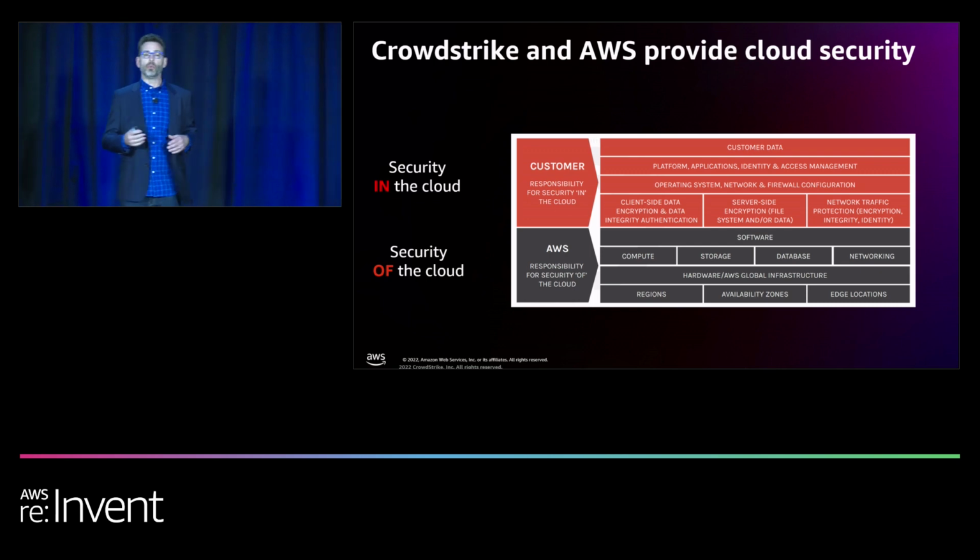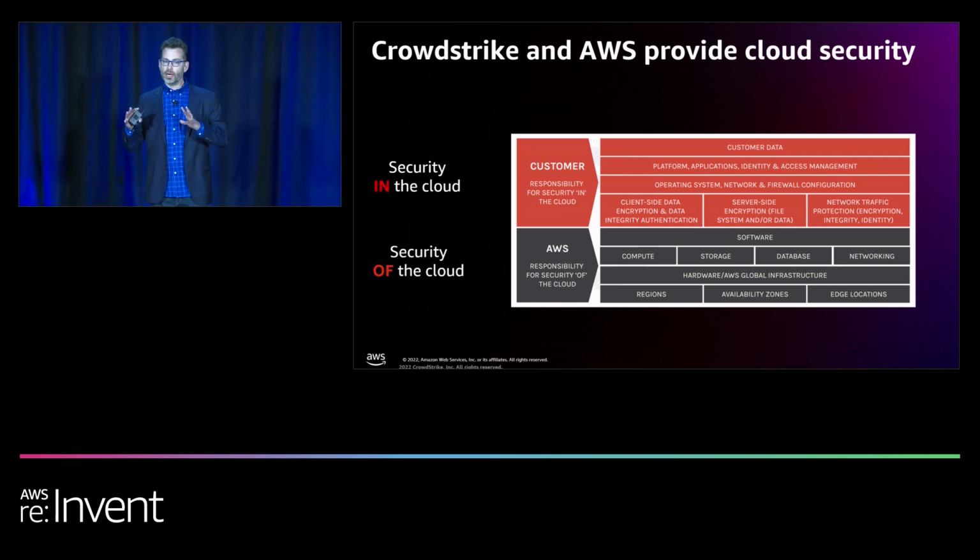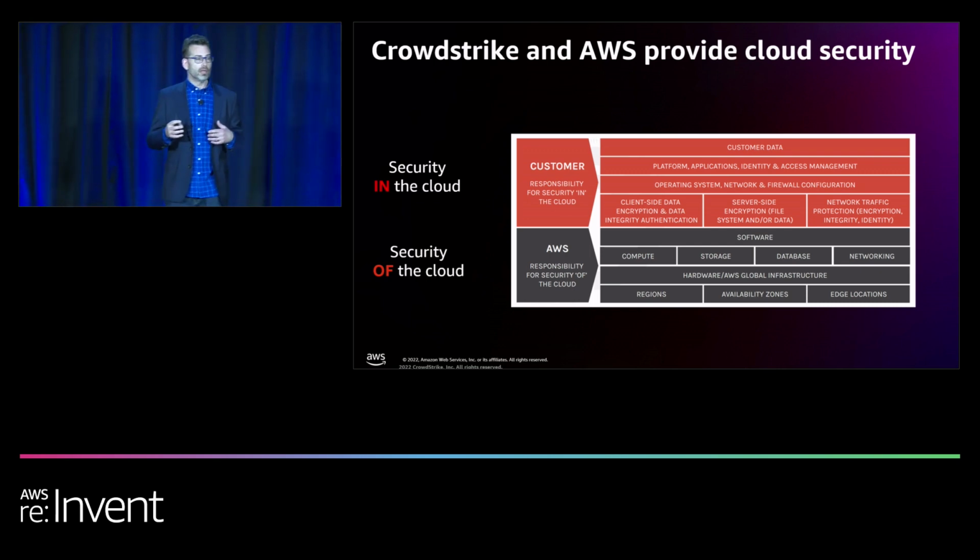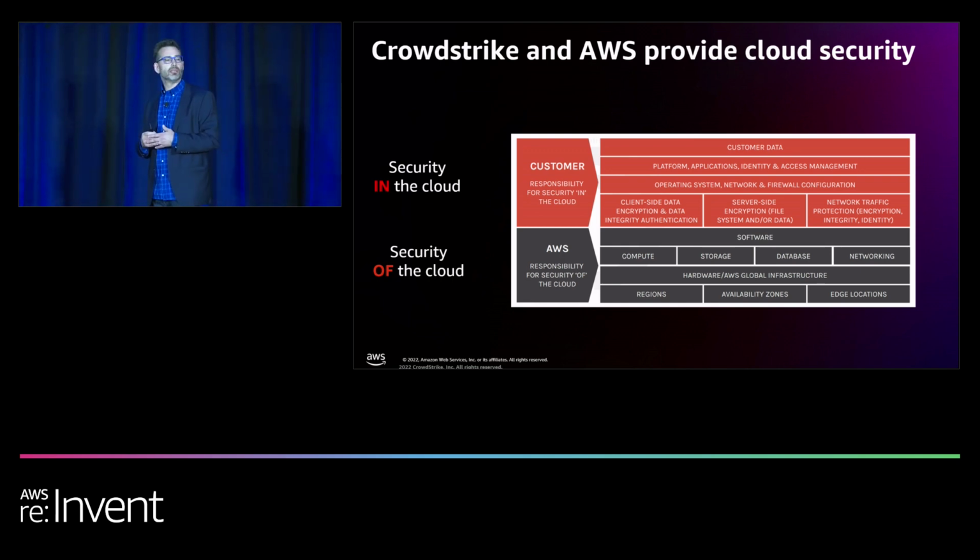So we're able to see your configuration in your AWS environment, as Sam mentioned, monitor for indicators of misconfiguration and provide guidance in securing those workloads. And we also have our Falcon sensor that you can deploy on operating system-based workloads on EC2 or in containerized environments to deliver that visibility and telemetry.